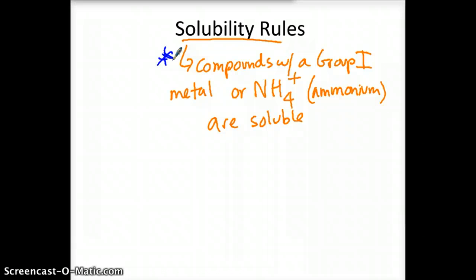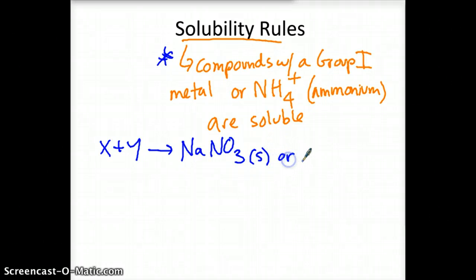So this means we take X plus Y reactants and we form a new compound that is NaNO3. We form sodium nitrate. And we want to know, is this going to be a solid precipitate or is it going to be aqueous?